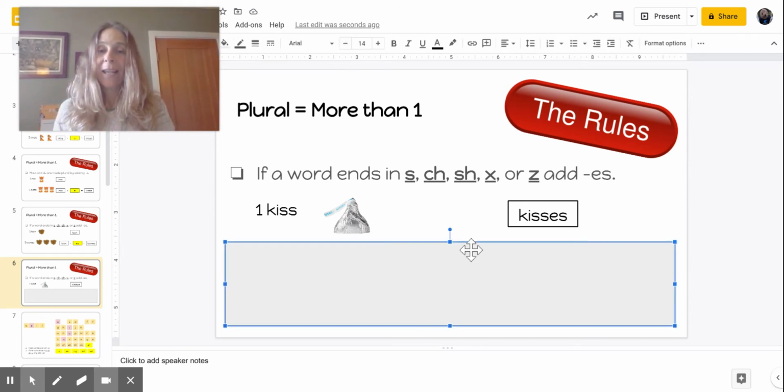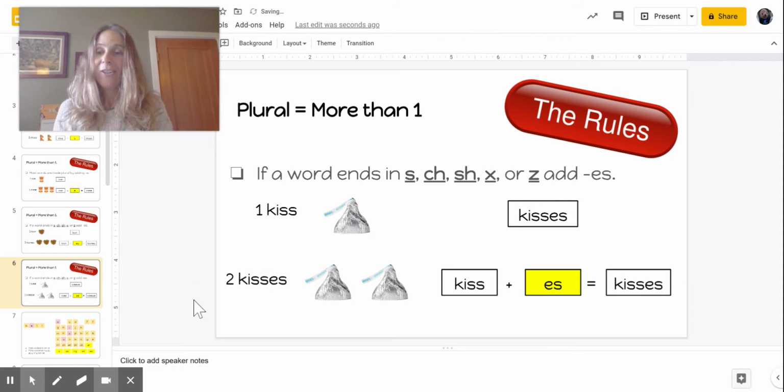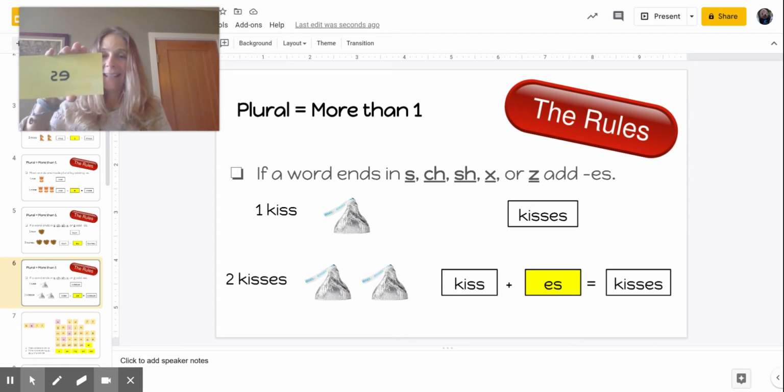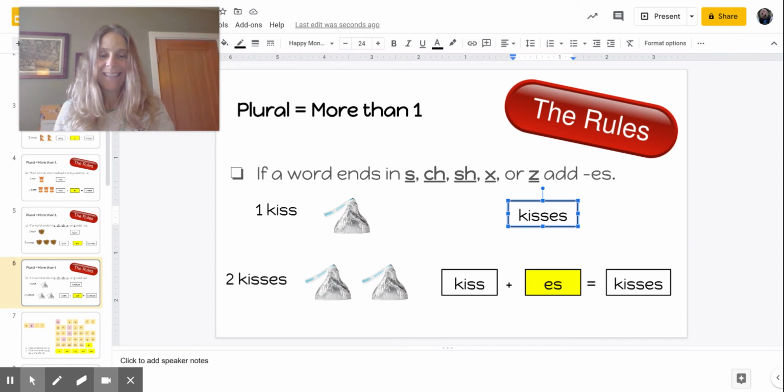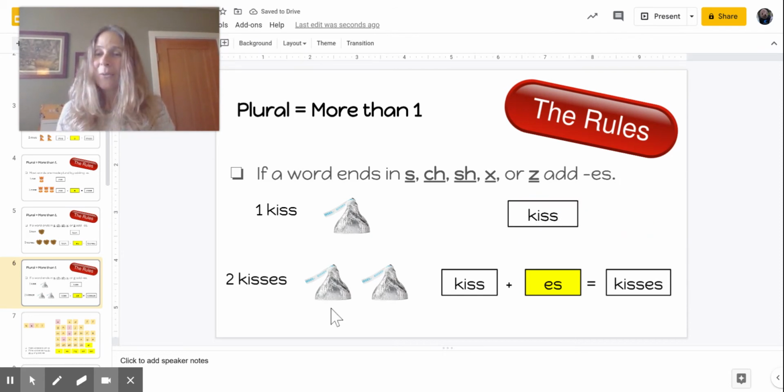And if I need to make it plural, it's going to be, oops, two kisses. So kiss plus ES is kisses. This should be one kiss. Let me fix that up. There we go. So two kisses. So we just add the ES to the end of our word because our word ends with S.